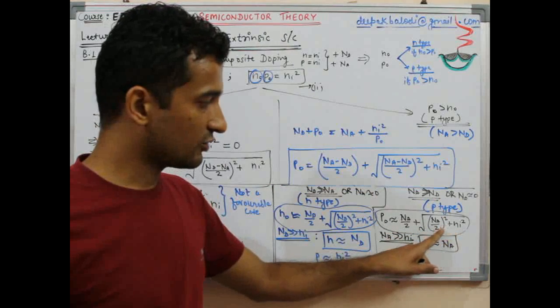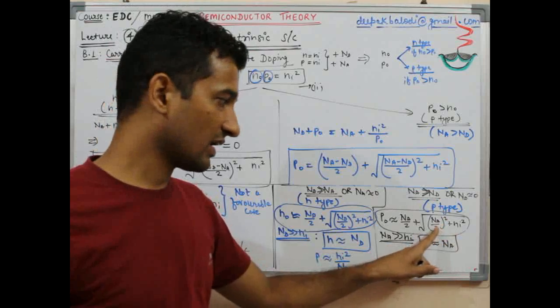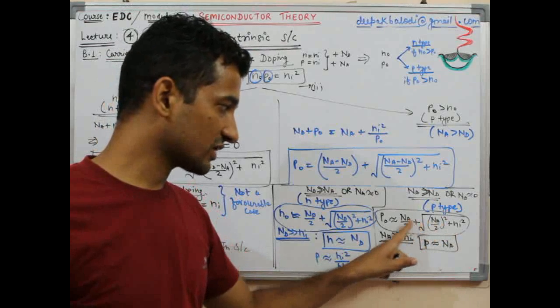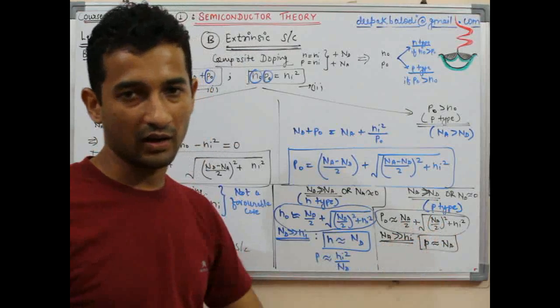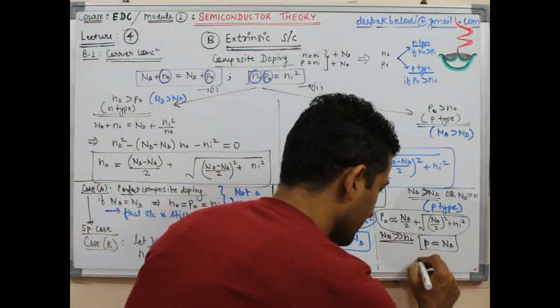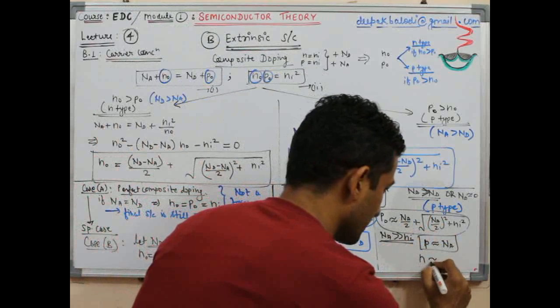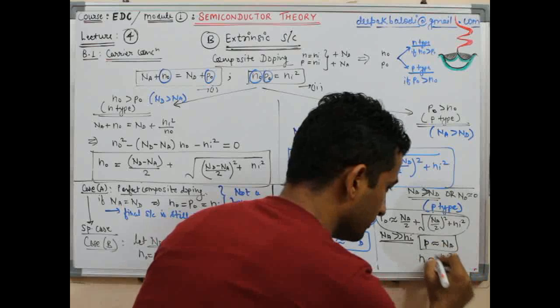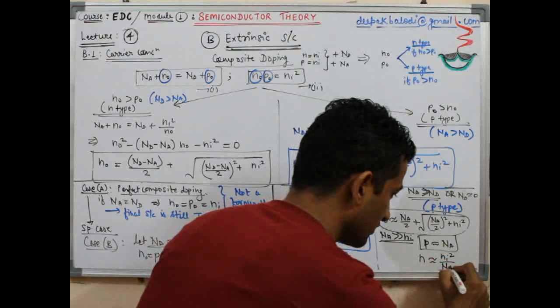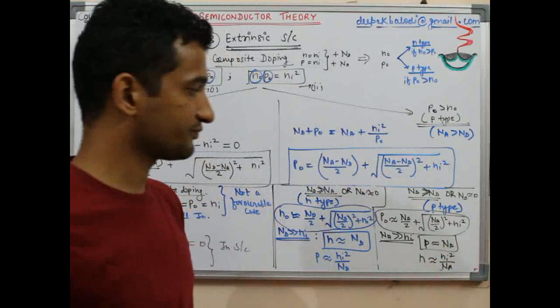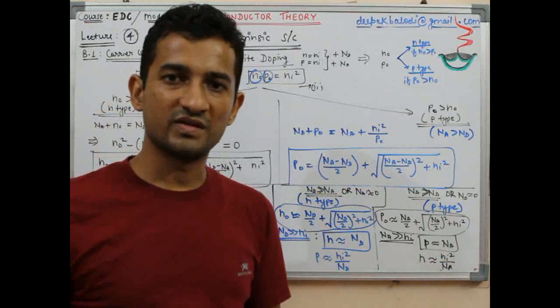So only (Na by 2) square will remain inside the root, and this will give you Na by 2 outside. Na by 2 plus Na by 2 will be Na. And similarly the minority carrier, which is electron, is Ni square by p. p is Na. So we have come to the same case.